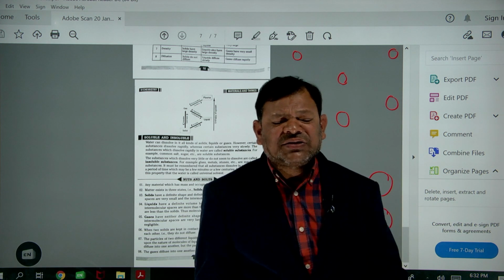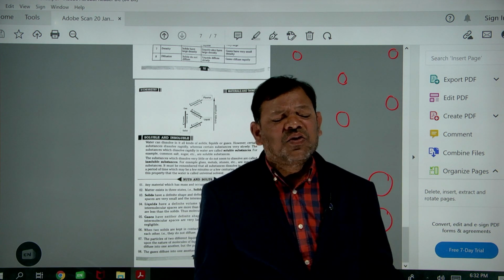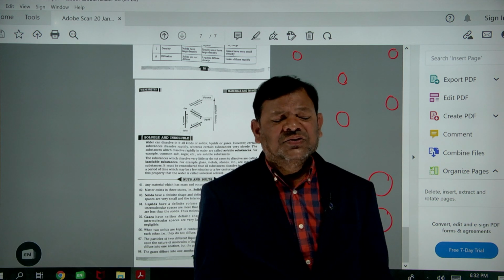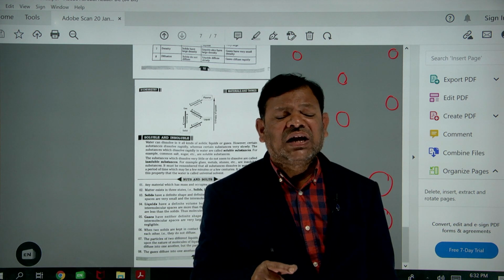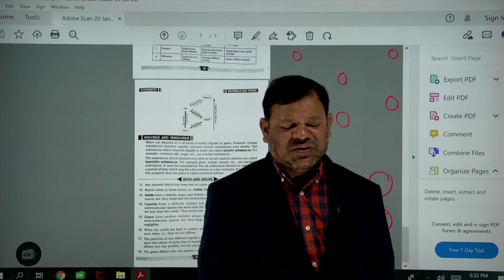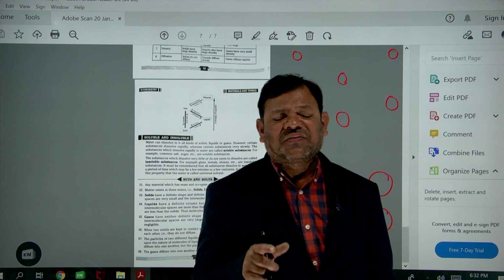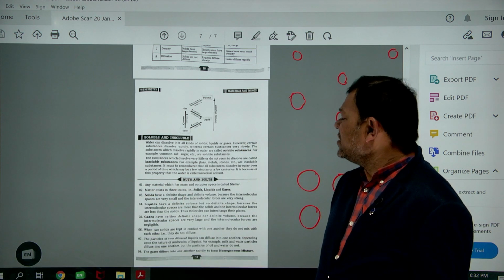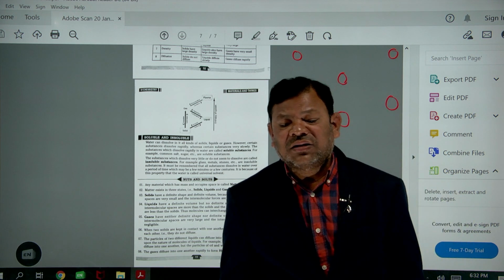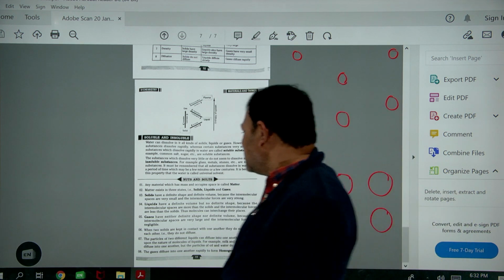That's why, if there is no water, there is no life. Water is a very important natural resource. We can conserve water, save life. Water is also known as the universal solvent.